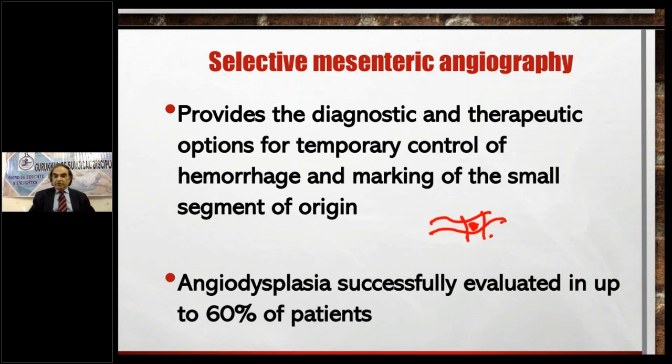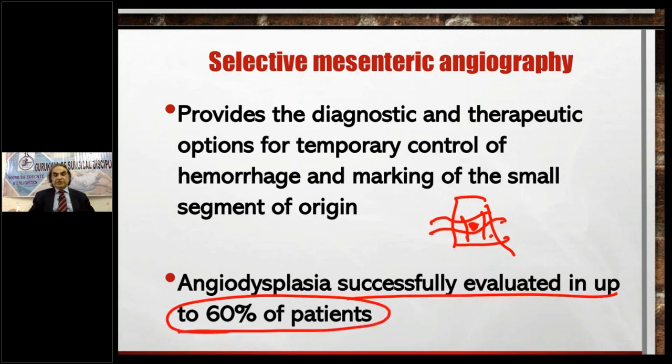So when you go in, you can locate and remove it. In angiodysplasias, it is successful in up to 60% of patients, which is fairly good considering the hemorrhage is very, very difficult to manage, and especially to diagnose. So selective mesenteric angiography is the way to go.